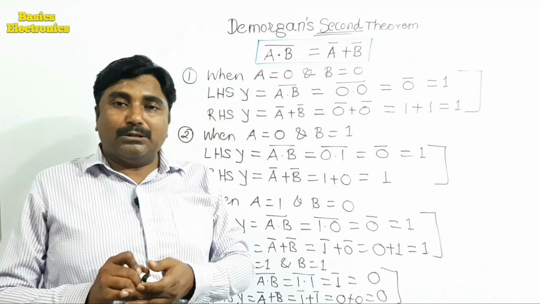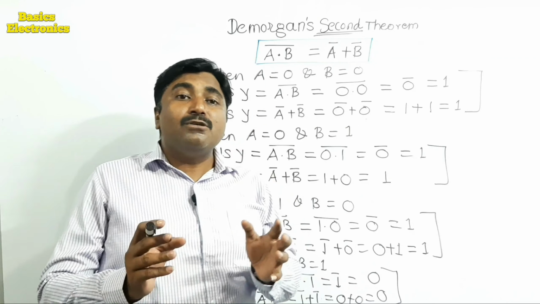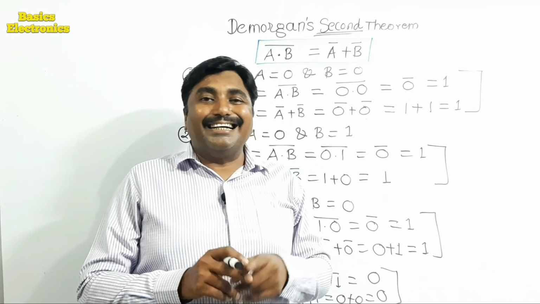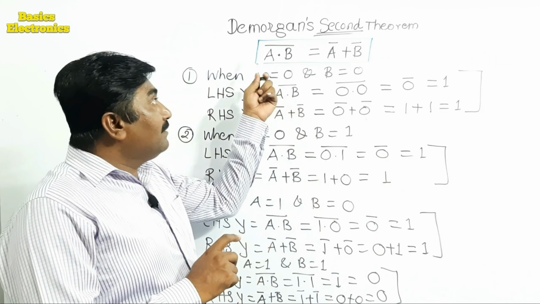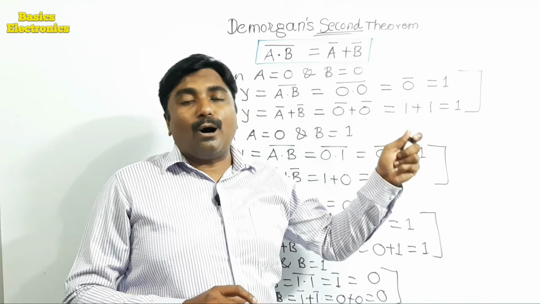So by using all four combinations we can say De Morgan's theorem gets proved when we assign the values of A and B for the left hand side and for the right hand side. It means the NAND gate is equivalent to the bubbled OR gate.